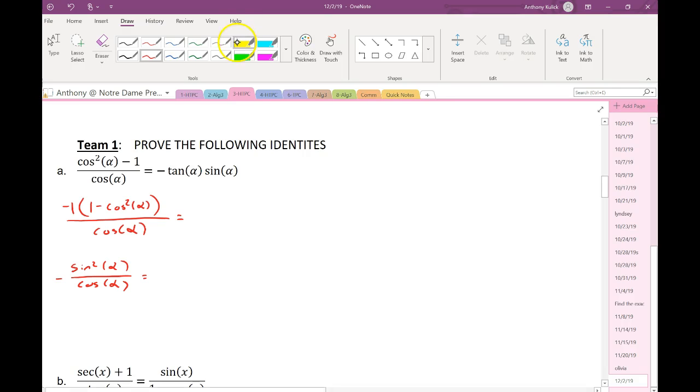Now let's look at what we're trying to get to. I notice that my final answer has a sine alpha in it, and I have sine alphas here. So what I'm probably going to do is break that apart and write sine alpha squared as sine alpha times sine alpha.